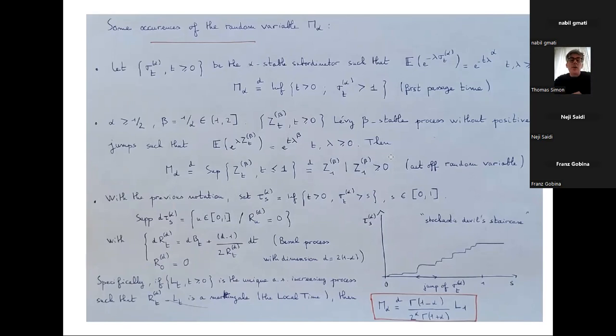Then M alpha is distributed as the supremum of this process, the running supremum up to time 1. And it is also distributed as the random variable Z1 itself, but conditioned on being positive.